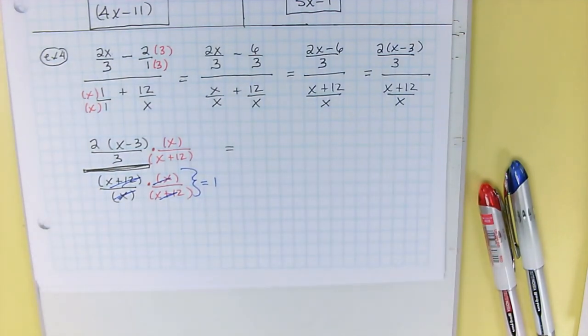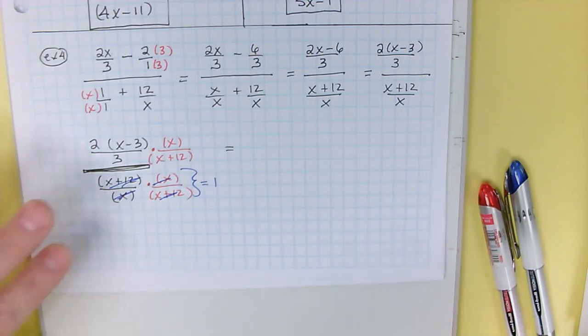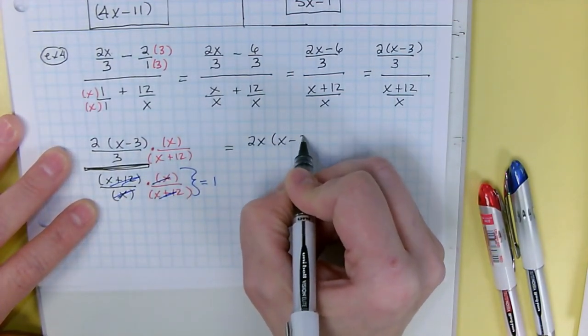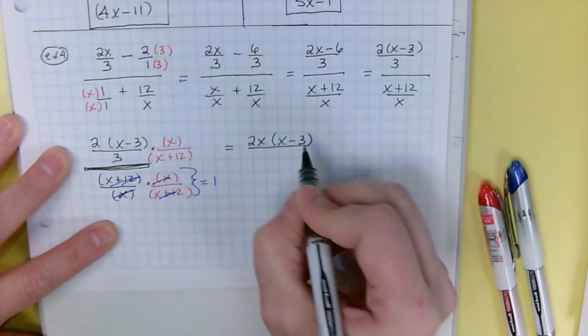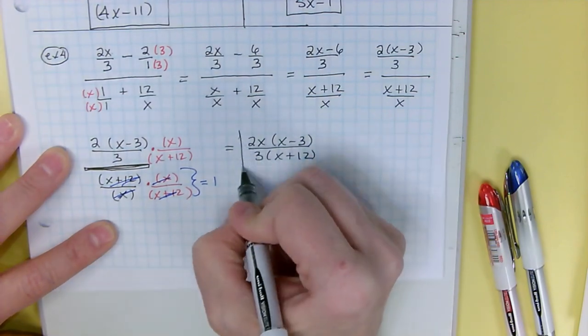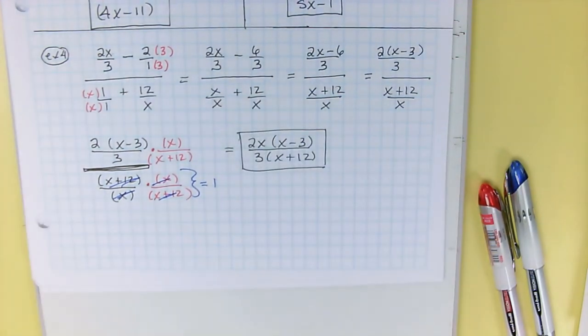And nothing here is going to cancel out. So what you do is you push the monomials to the front and multiply the monomials back together, and then just leave the factors. So I'm going to push the x to the front. So 2x times x minus 3 all over 3 times x plus 12. And that is as simplified as we can get it.